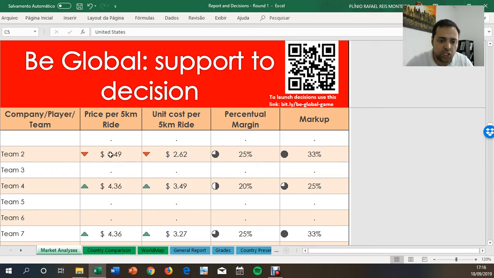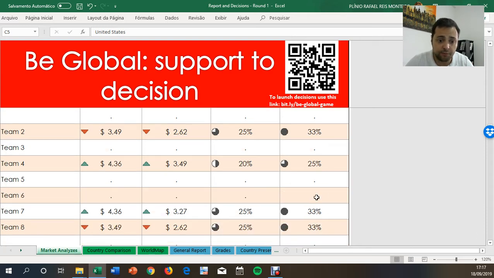For instance, Team 2 is asking $2.49 for a ride. The cost for the customers is a little bit smaller, and Team 8 has the same price and also the same margin.